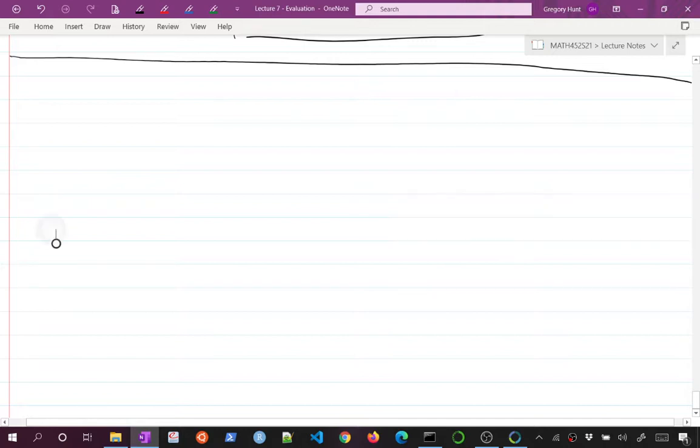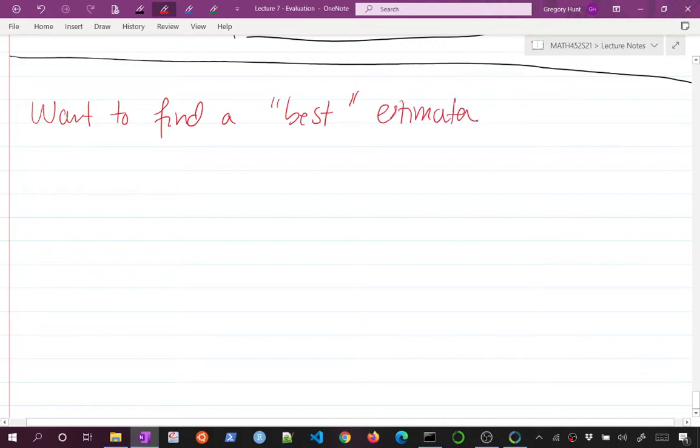In general, what can we say about how to form the best estimator if my data comes from normal or Poisson or exponential or you name it? We want to find a, quote, best estimator of a parameter. Let's say of our unknown parameter theta.